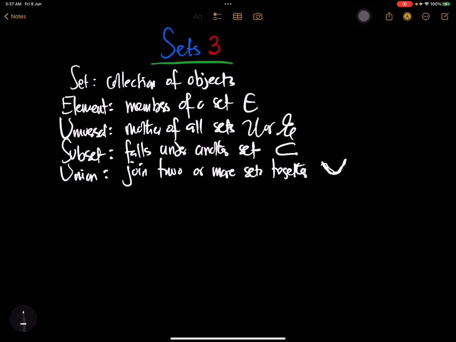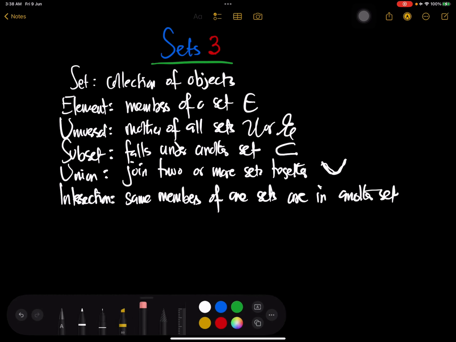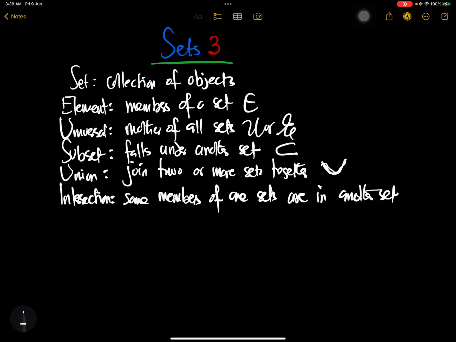Then from there we proceeded and did intersection, and we said that some members of one set are in another set. And we said it's denoted like an N.